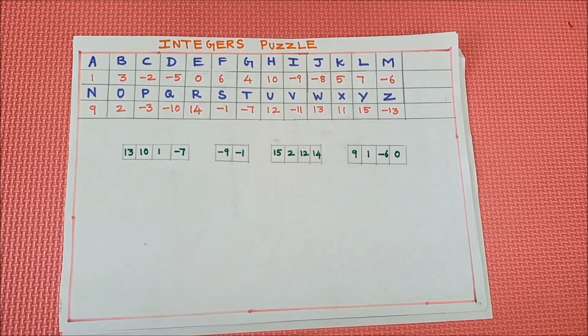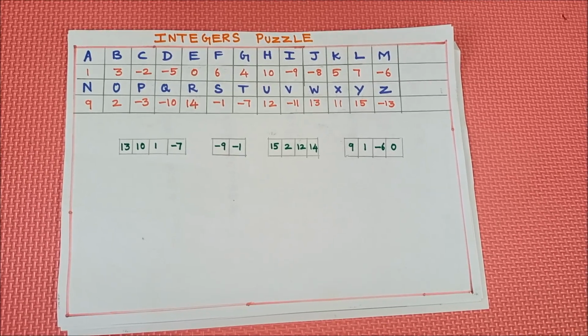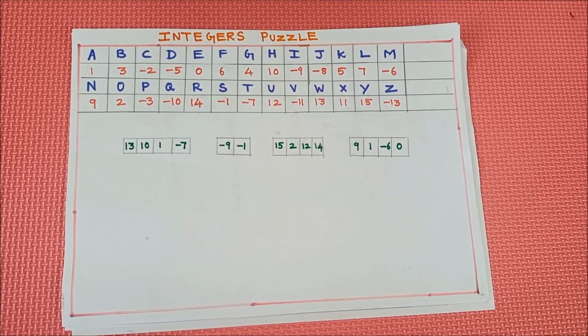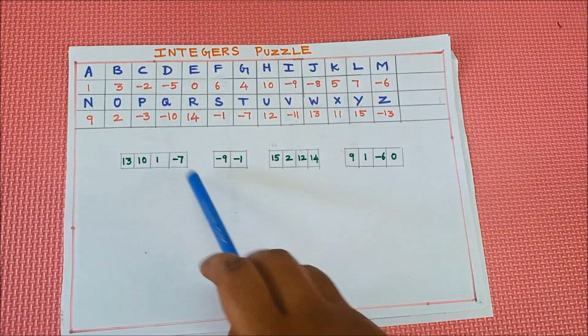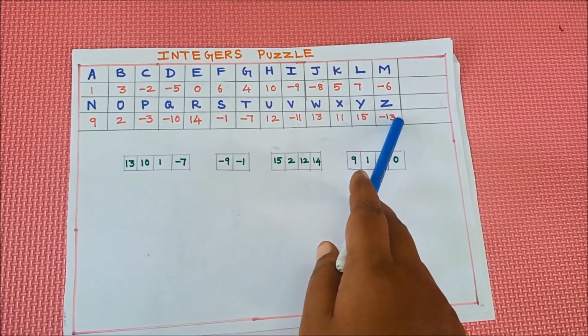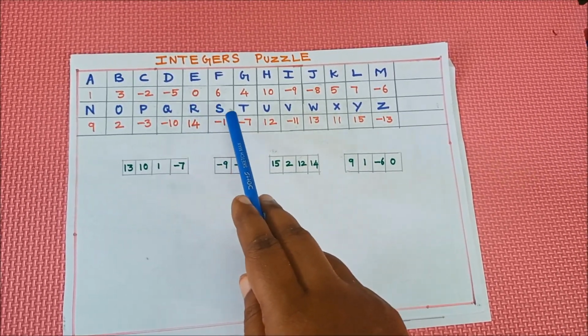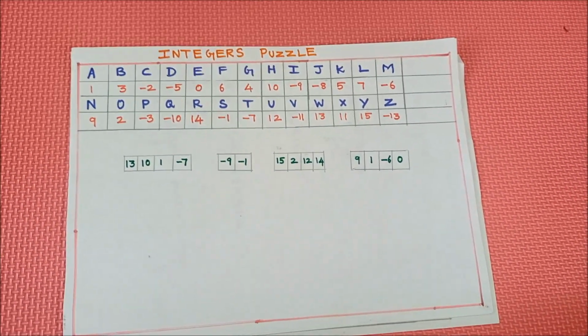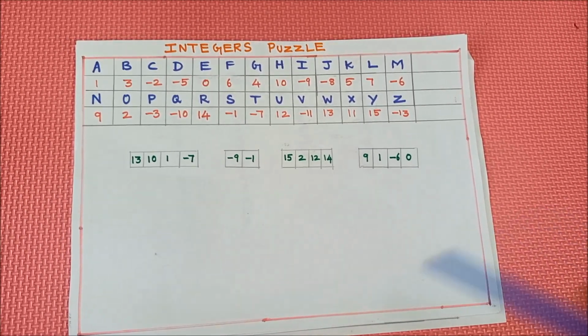In that we are going to see the first activity, that is the integers puzzle. This puzzle is very interesting and easy. See here, for the 26 alphabets I gave each one an integer. I represented each alphabet in the form of one integer.